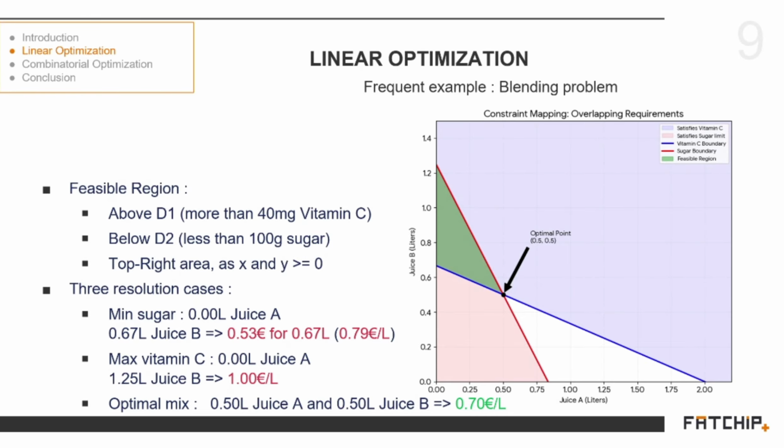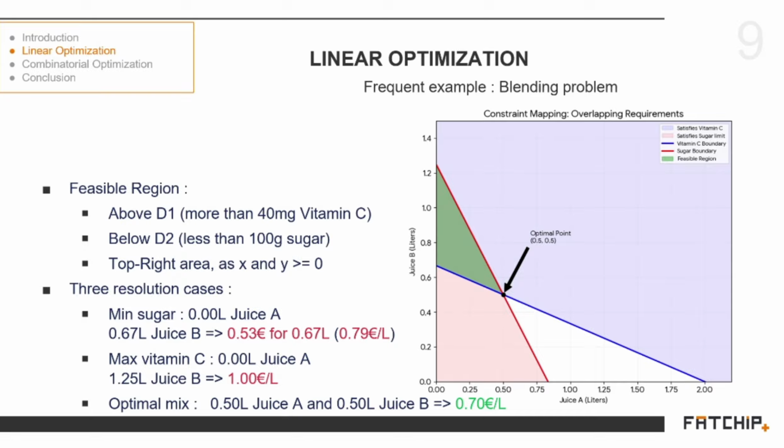So that's one possibility. We have something a bit similar with the maximum of vitamin, but still respecting the sugar constraint. So in that case, we have a €1 per liter solution at the end. And we have what's supposed to be the optimal mix, which is in that case 50-50 actually.